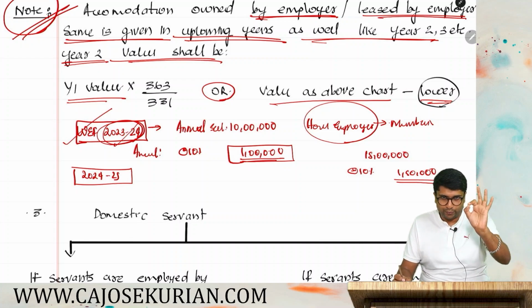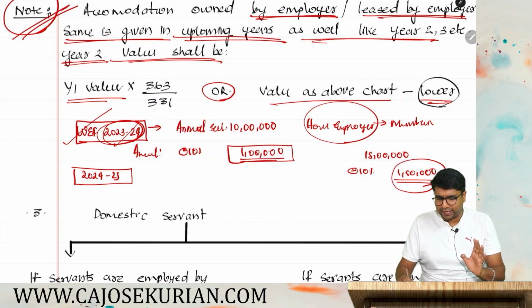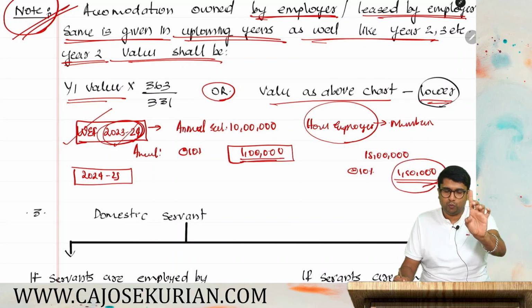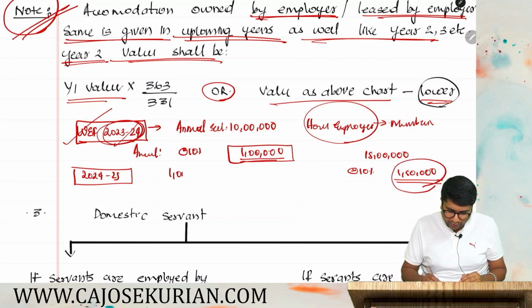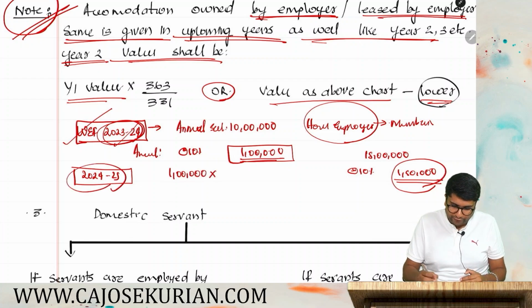In such a case, rather than simply writing 1,50,000 as the perk value, what you can do is take the perquisite value for the year 23-24, 1 lakh, and index it. The index number for 24-25 is 363 and the index number for 23-24 is 331.